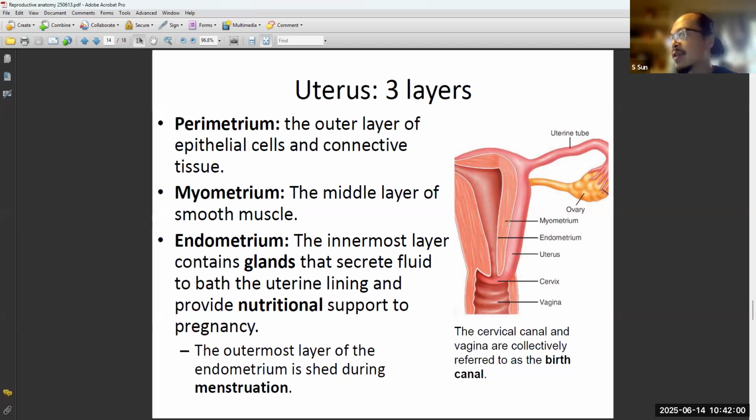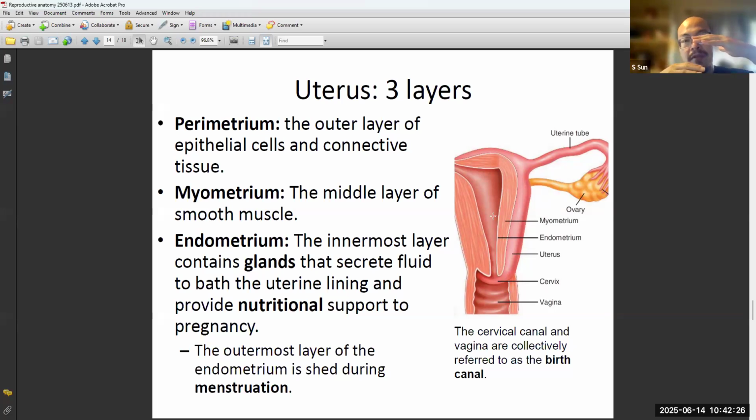What do you need to know here? The key thing is the endometrium. Even though it's just the inner portion, it is the portion that gradually changes because it will get thicker to allow implantation, to provide the environment for the fertilized egg to implant.